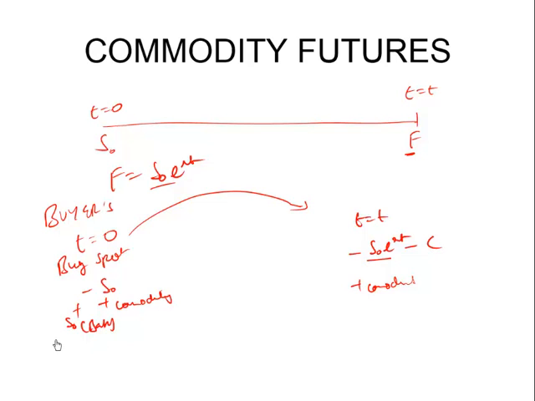If the buyer, on the other hand, entered a forward and bought the commodity forward, so he will buy it for a price K or a price F at t equal to T. Right now, what is the exchange happening? Nothing. It's just an agreement right now. At t equal to T, he will pay the amount F, or he will pay the amount K, and receive the commodity.